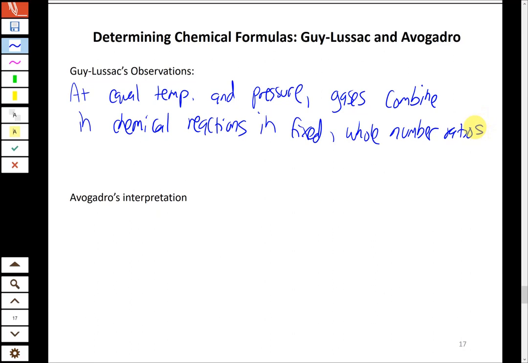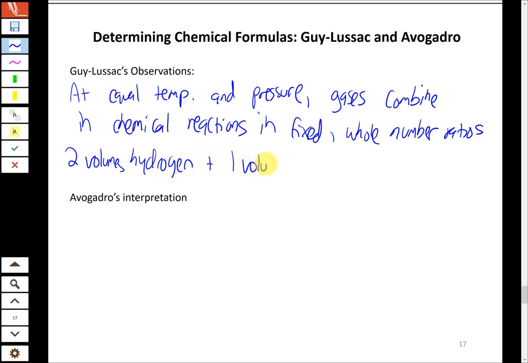So, for example, if you mix hydrogen and oxygen, that's burning hydrogen. That's a pretty violent reaction, so I won't do it for you. But if we take 2 volumes of hydrogen, 2 liters, 2 gallons, pick your favorite volume unit, 2 volumes of hydrogen will always react with 1 volume of oxygen.